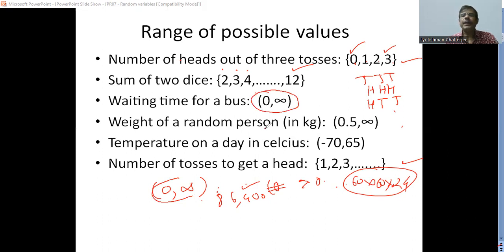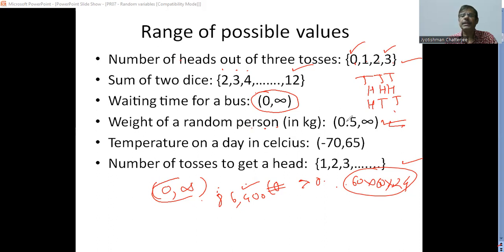Now, weight of a randomly selected person in kilograms: maybe you keep all the numbers from 0.5 up to infinity. What's the upper bound of the weight of a person? If you don't know, you include all the numbers.